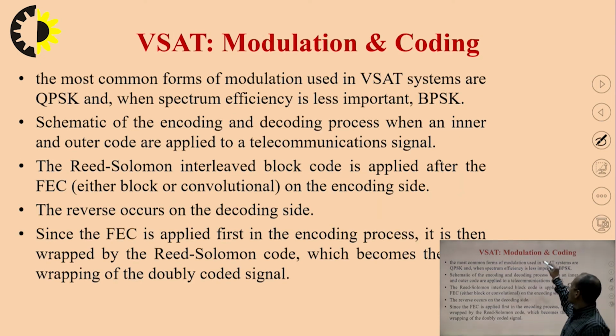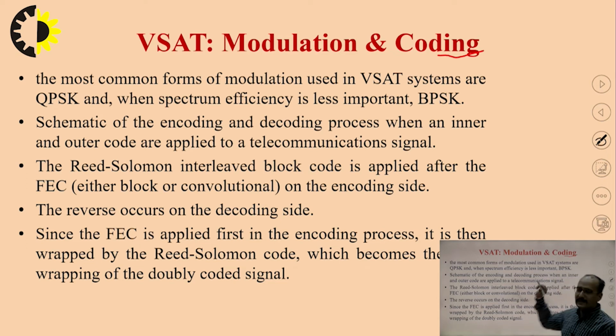Similarly, for modulation and coding used by VSAT, the most common forms of modulation are BPSK or QPSK. Spectrum efficiency is also a factor, and when spectrum efficiency is less important and not playing a major role, then you use BPSK.